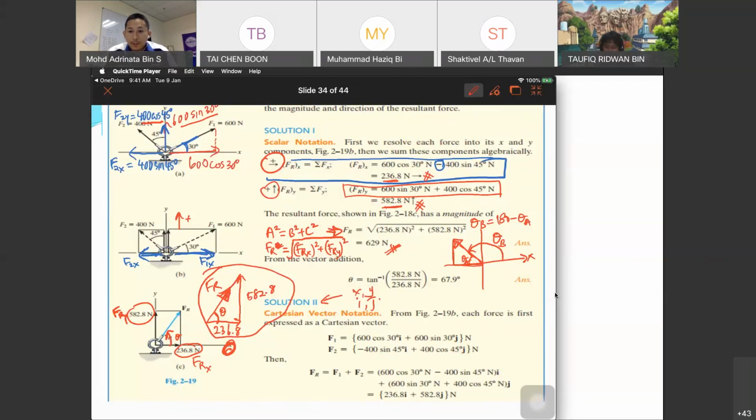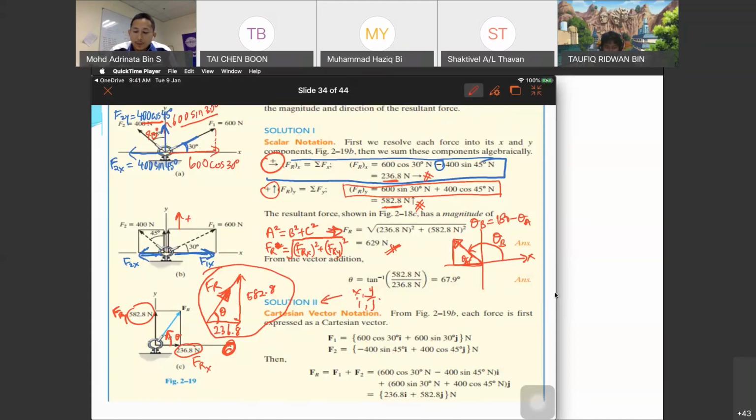For this one, sine 45 is equal to cosine 45. But let's say if this theta is 40 degree, I just want you to remember and understand what the rules are to get your x and y direction.